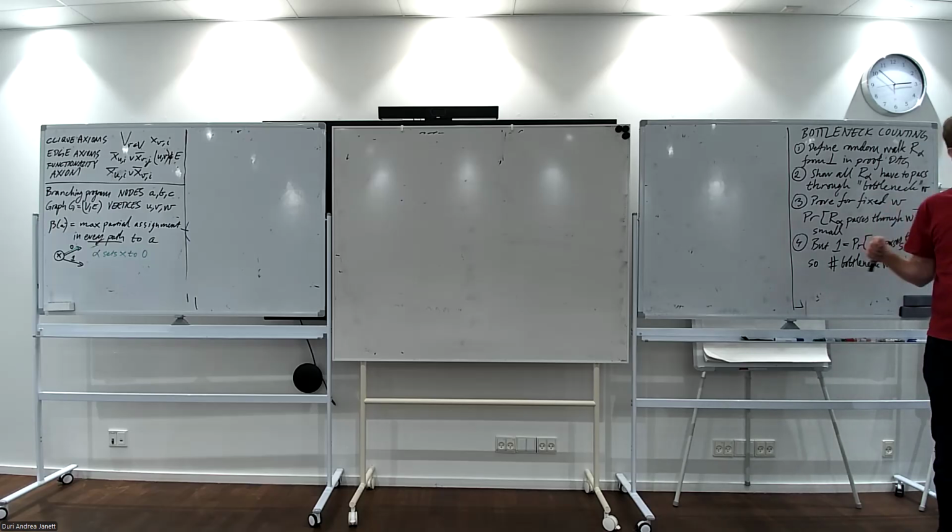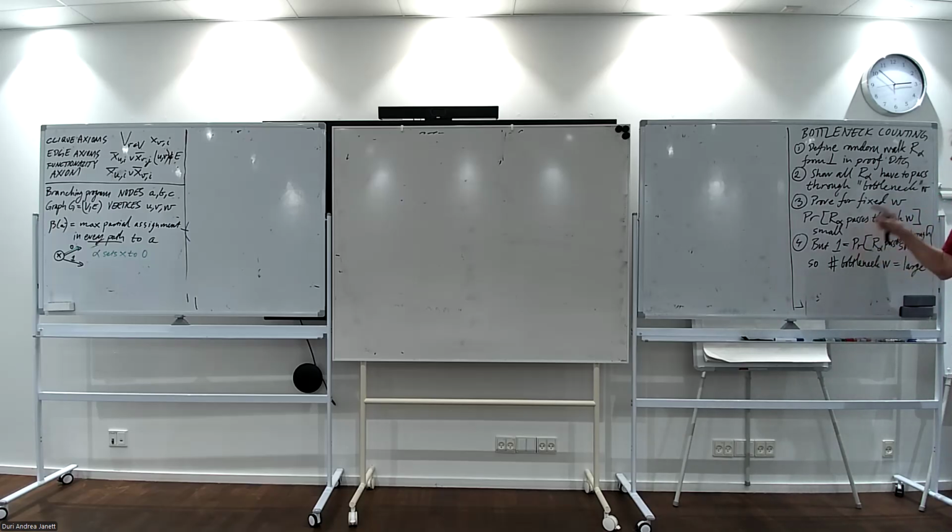And then we said, great, now we have a lower bound because we hit some bottleneck with probability 1. And if every fixed bottleneck is being hit with very small probability, then that means that there have to be a lot of bottlenecks to hit. Okay? And this is what we're going to do today also.